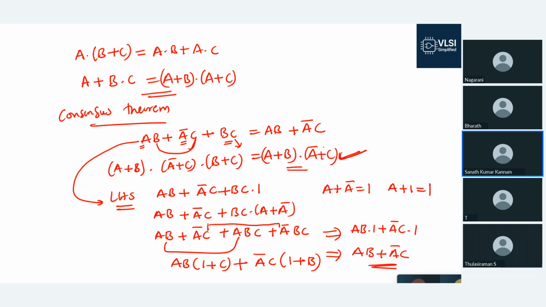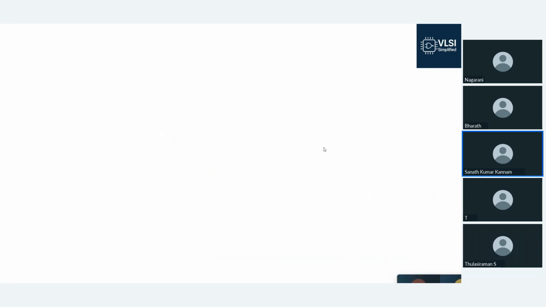Okay, so we'll see some sample problems related to this Boolean algebra, how we are applying the Boolean algebra. So first problem you see: AB bar plus A bar or AB whole bar. You need to minimize the given expression into minimum number of variables. So how to do? Let us take x equal to AB.